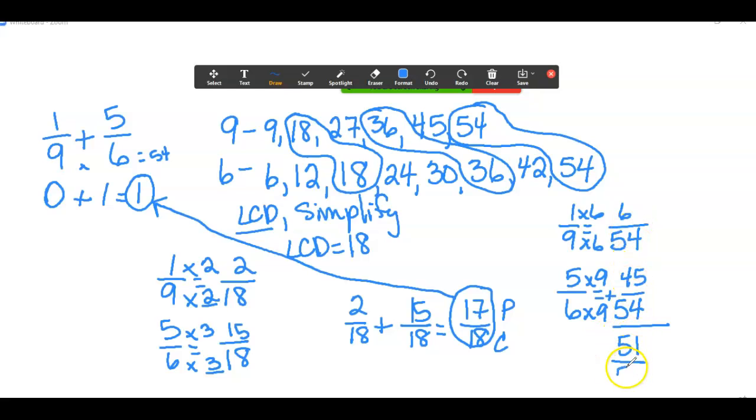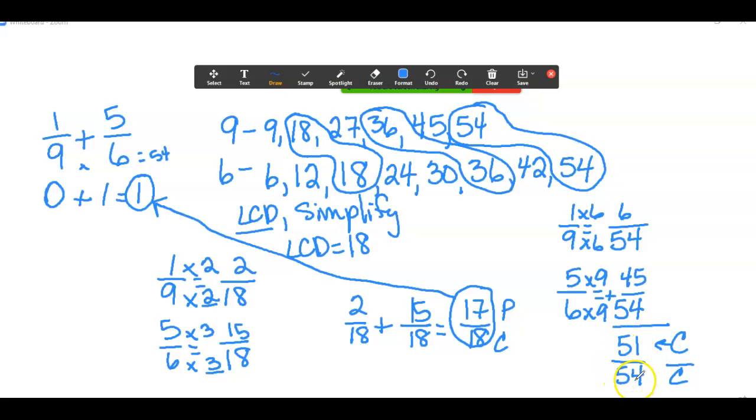Okay? Now, here's the tricky part, because I know a lot of you will look at this and say, oh, 51 is prime. It's actually not. Okay? 51 is composite. 54 is composite, which means that I can divide them both by something. See, this is where it gets tricky, because if you don't know your 51s and you're not comfortable with that, you're going to say, oh, here's my answer.